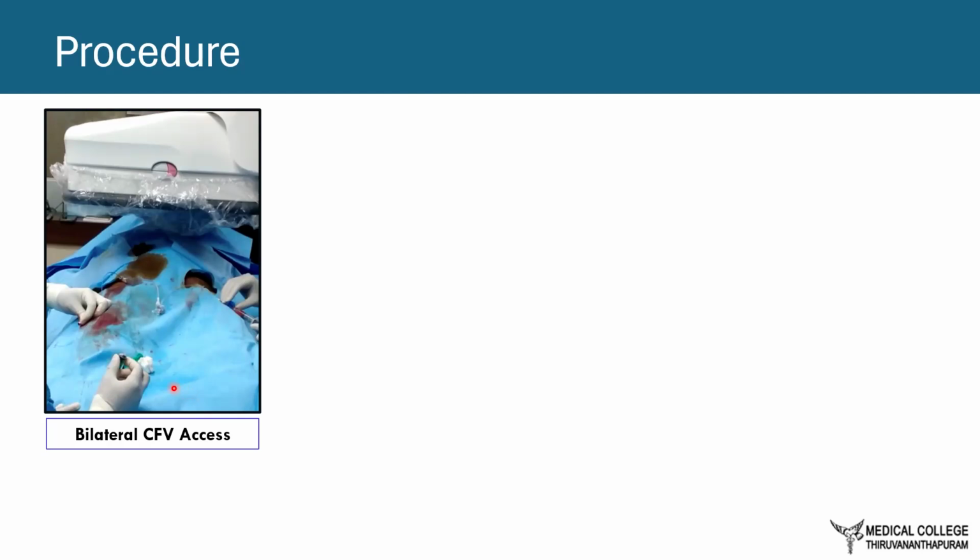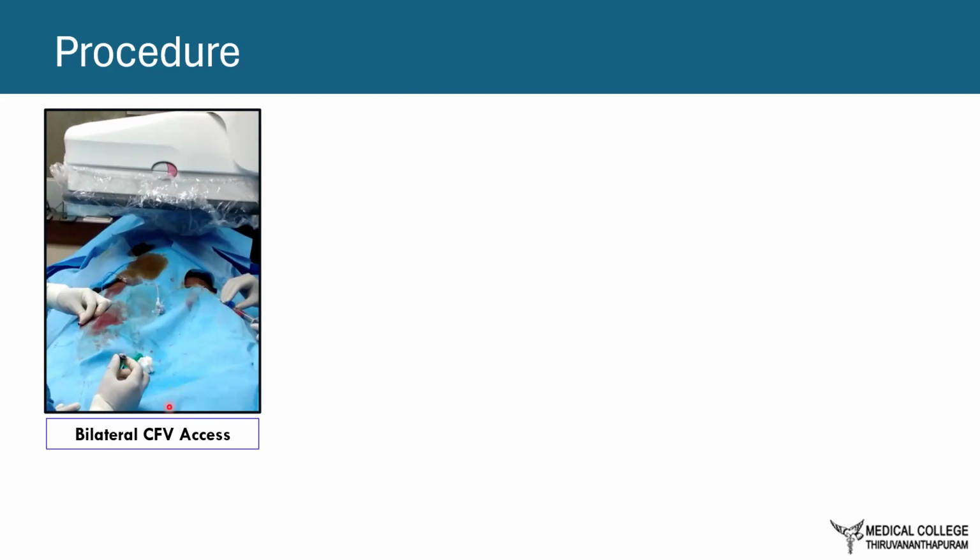Over the last 3 or 4 months, cosyntropin was not available in the entire South India, and we shifted to the non-stimulated test. But now there is another alternative because of which we have reverted to the stimulation test.